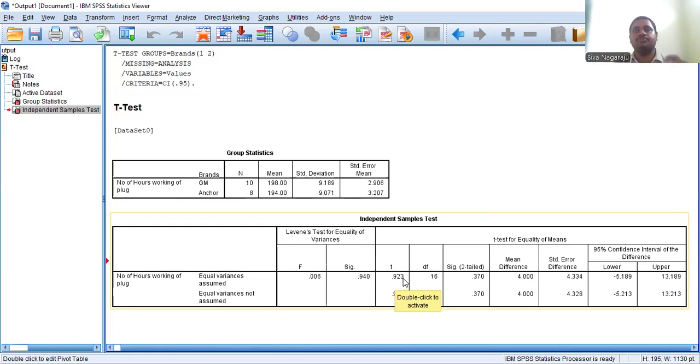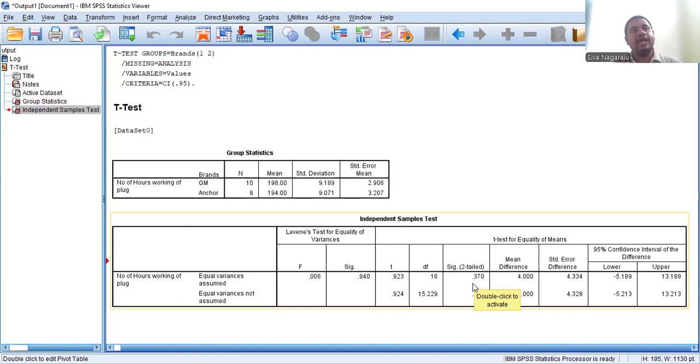Finally, I wanted to know, is there any significant difference between the two brands of plugs before it reaches the spark? It is based on the significance value. What is the significance value here? It is 0.370, which is greater than 0.05.